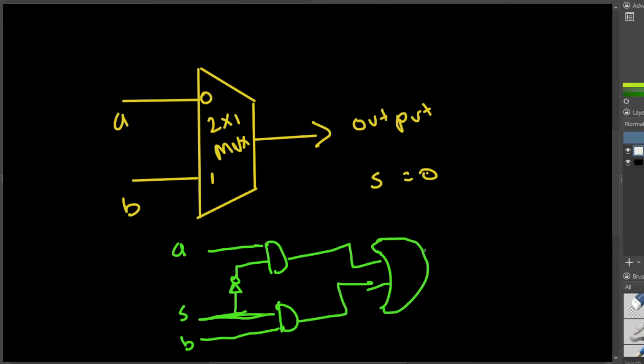And this is the output. Whatever the output we are having right here, that's the output. So this is the logic gate expression for this 2x1 multiplexer.